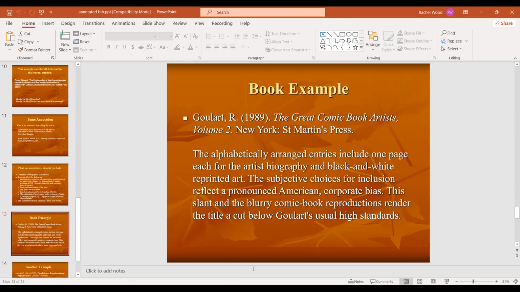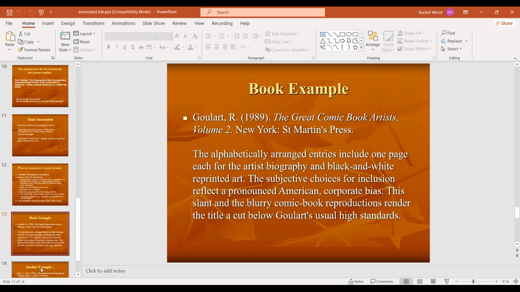This slant and the blurry comic book reproductions render the title a cut below Goulart's usual high standards. So here you have what your article is mainly about, and then you also have mentioning here that the article is below the typical standards such an author has been known to write. And that is your evaluation of the material that you're researching.